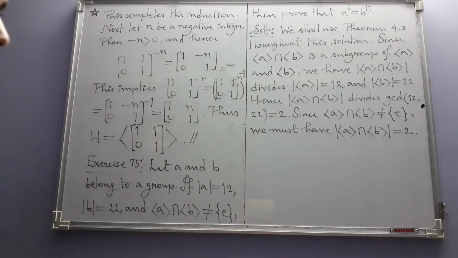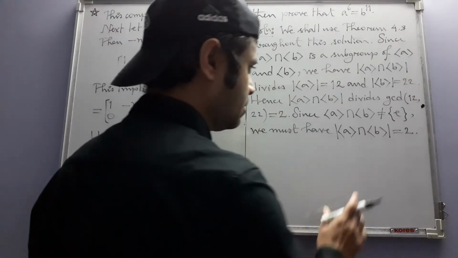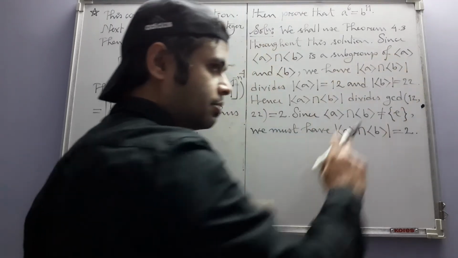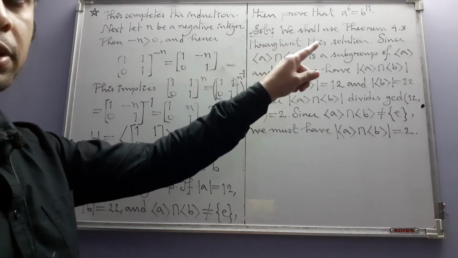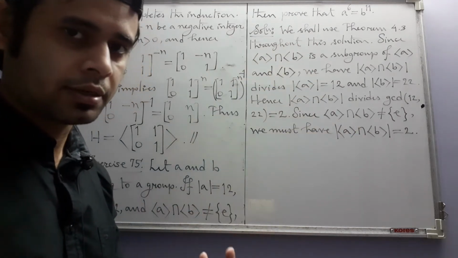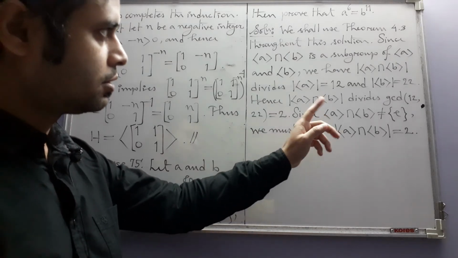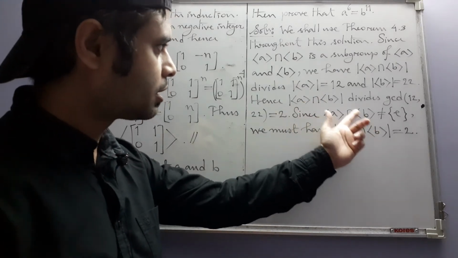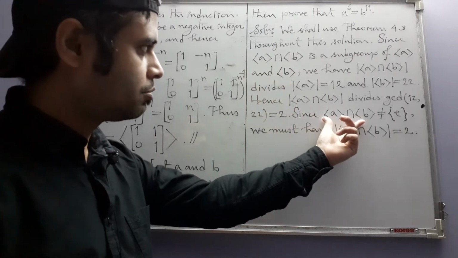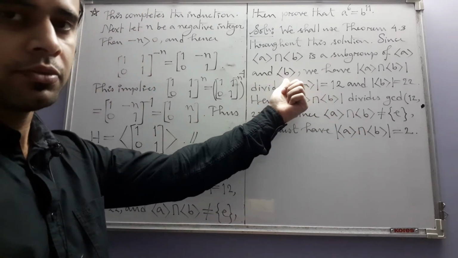Okay, now this is a subgroup of this cyclic group. So by that theorem again, the intersection itself should be a cyclic group. Similarly, since this intersection is a subgroup of this cyclic group, it should be a cyclic subgroup of this group.